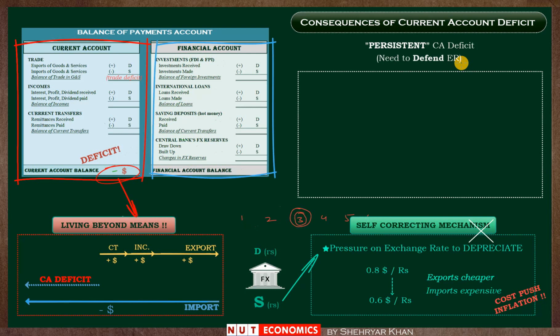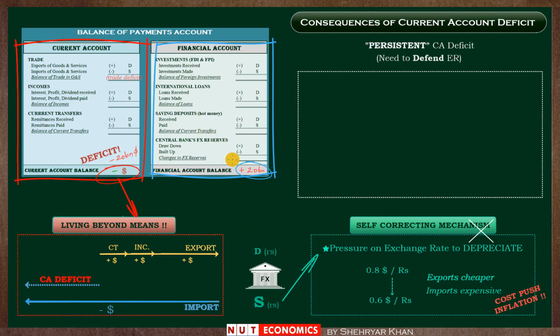Because, if your country has a persistent current account deficit every year of, let's say, $20 billion, then the only way it can defend its exchange rate from depreciating is to somehow attract an opposing net inflow, or a net surplus, of $20 billion within its financial account, and therefore balance off the whole balance of payments.